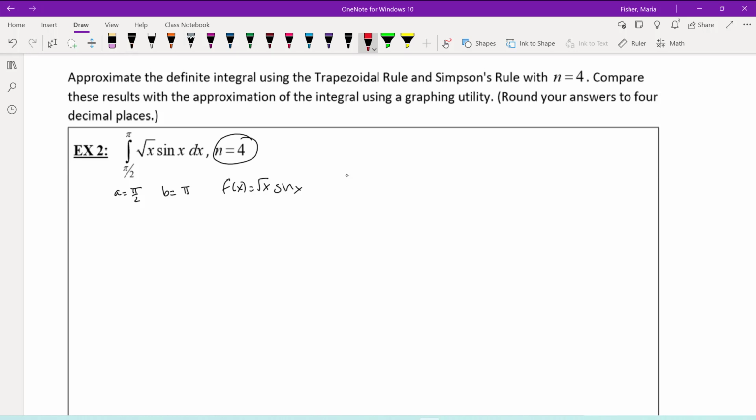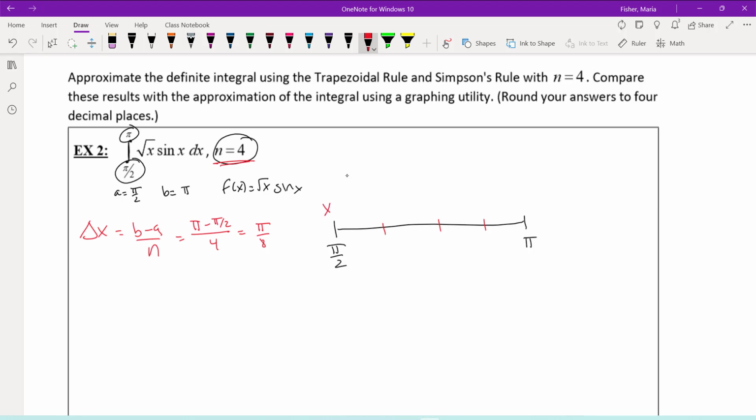Delta x in this case is equal to b minus a over n, or pi minus pi over 2 all over 4, which ends up being pi over 8. If we were to grab a number line, starting out at pi over 2, ending at pi, breaking up into 4 subintervals, this is going to be my x sub 0, x sub 1, x sub 2, x sub 3, and x sub 4.